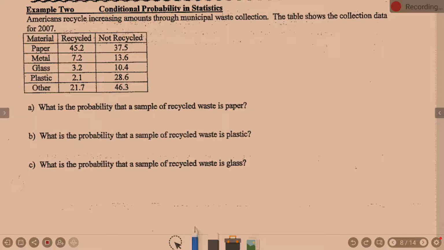So we are going to have recycled paper on top, because this question specifically says, what's the probability the sample of recycled waste is paper. So recycled paper on top, what goes on bottom? All the recycled waste, yes? All recycled.